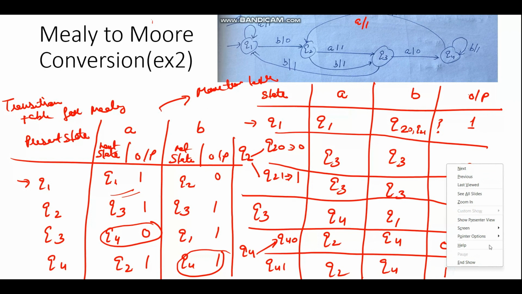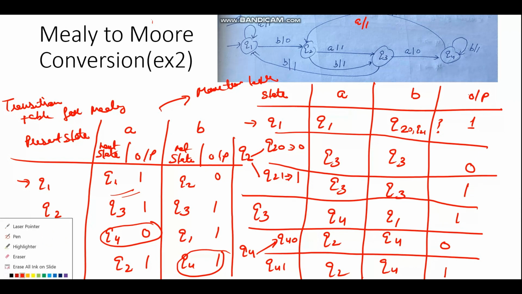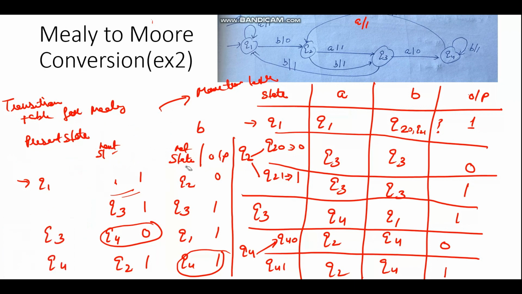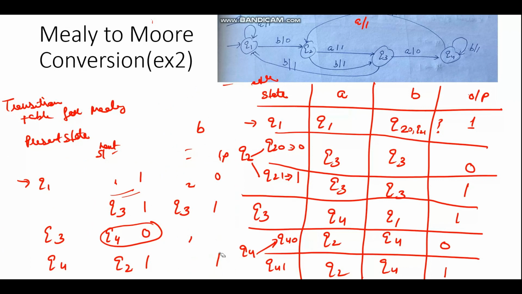Now as we have created this transition table, based on this transition table we can draw the diagram. You can simply draw the diagram for this case. Let me erase this table because I don't need it now.